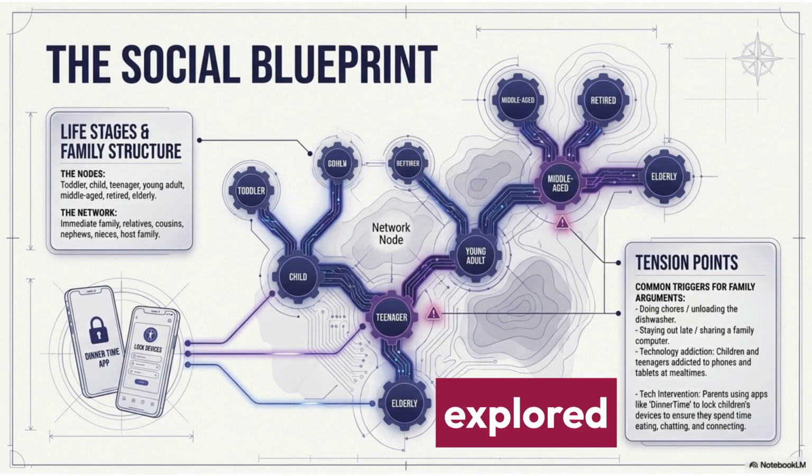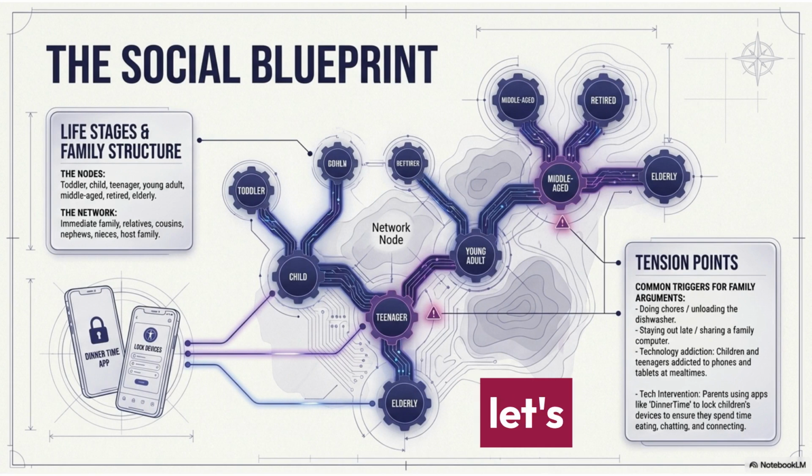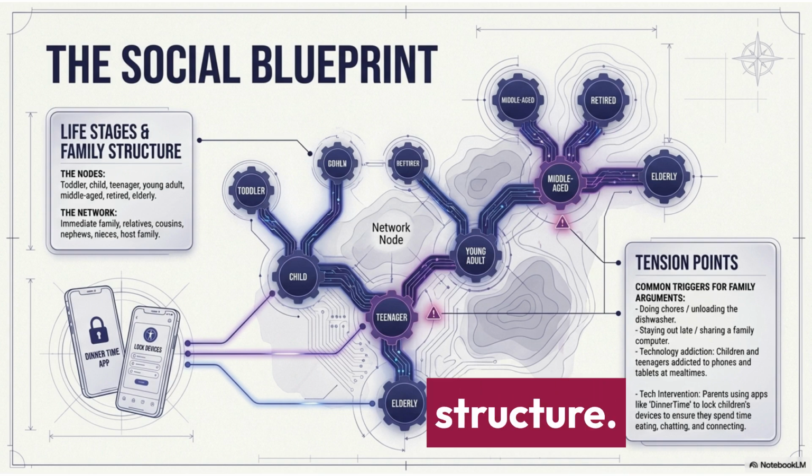So far, we've explored a person's physical profile and inner self. Now let's look at their social identity. Think of every person as part of a network with 3 layers. First, life stages. We move from toddler, child, teenager, young adult, middle-aged, and finally, elderly or retired. Second, family structure.